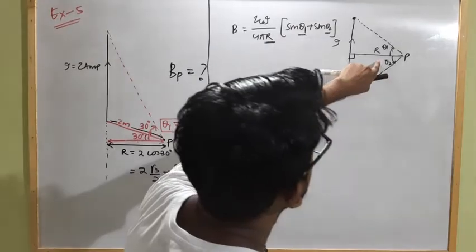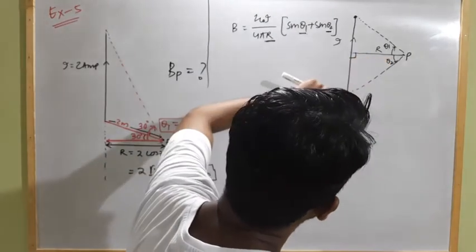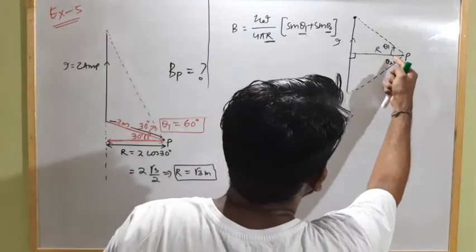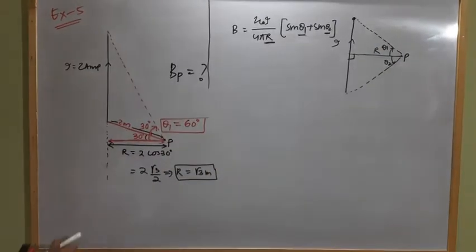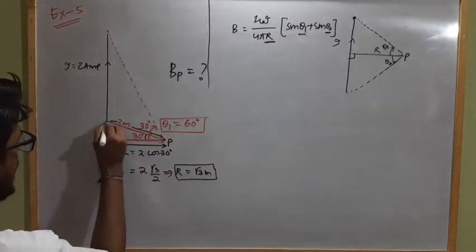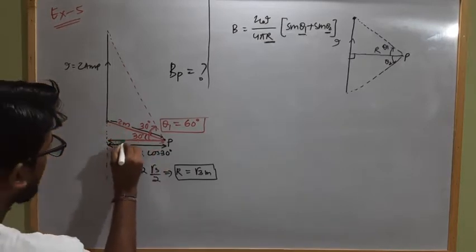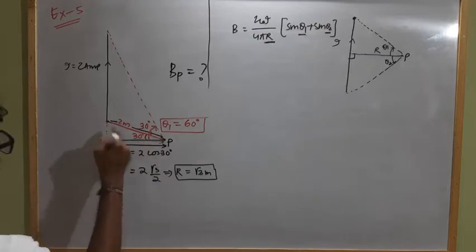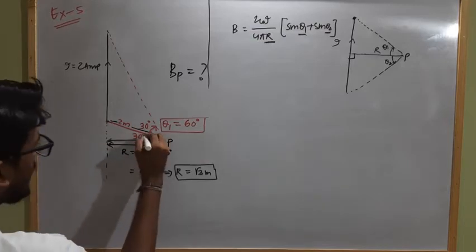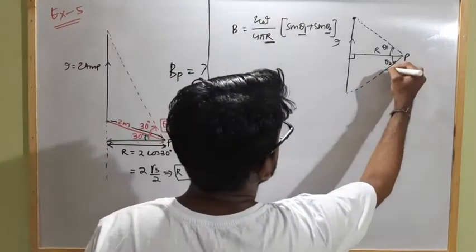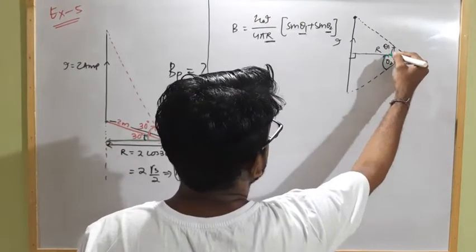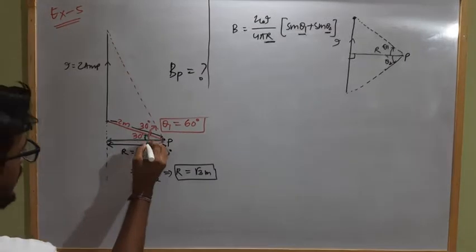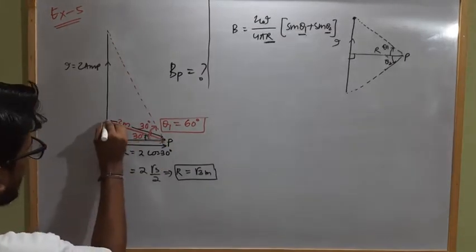Similarly, what is the value of theta2? Theta2 is the value of the angle made by the other end with respect to the perpendicular distance in anti-clockwise sense. Here is the other end, and this is the perpendicular distance of the point of observation. This end makes an angle 30 in which direction? Clockwise sense. That means it is opposite to the required sense, but it must be taken in anti-clockwise. So we have to measure the angle in anti-clockwise.